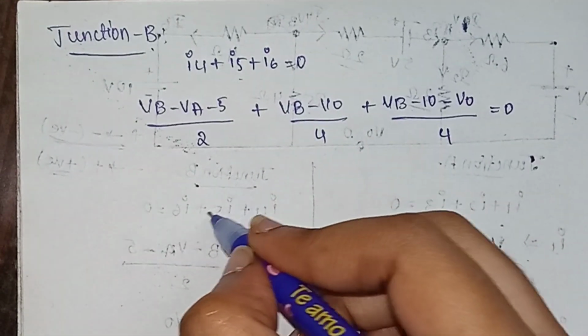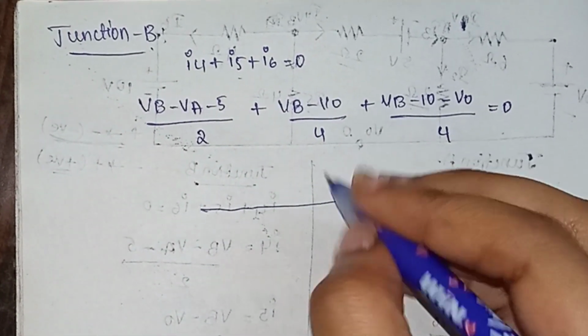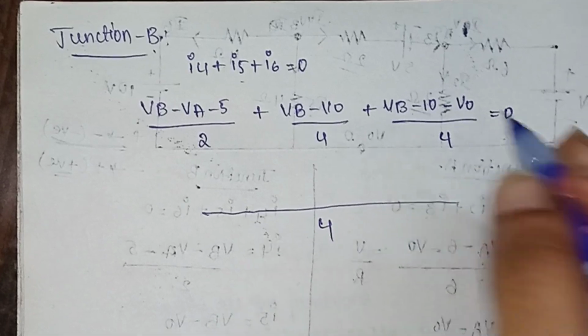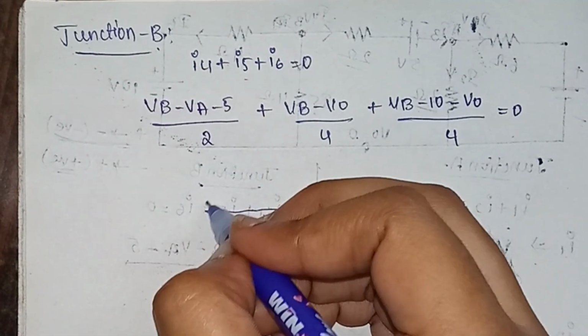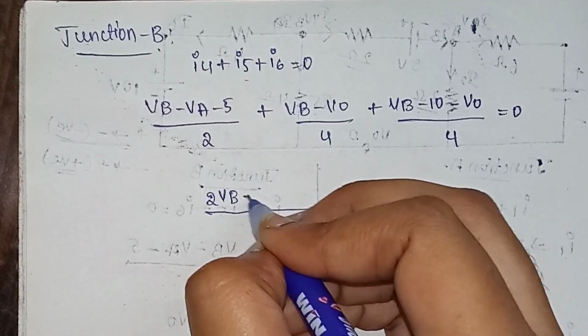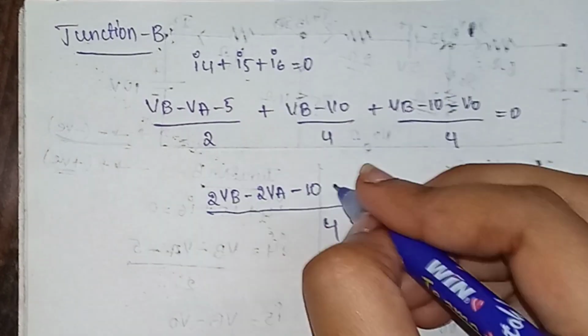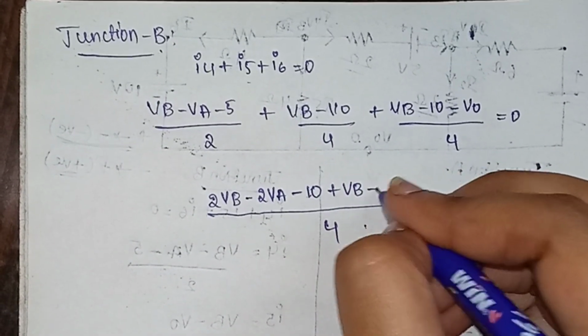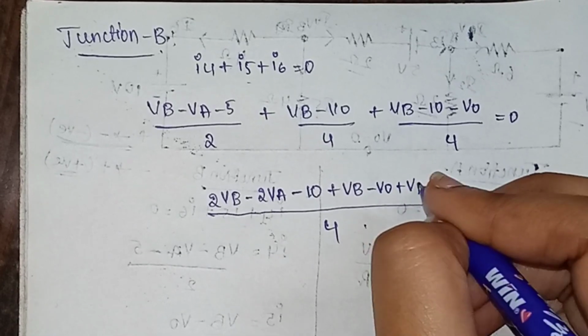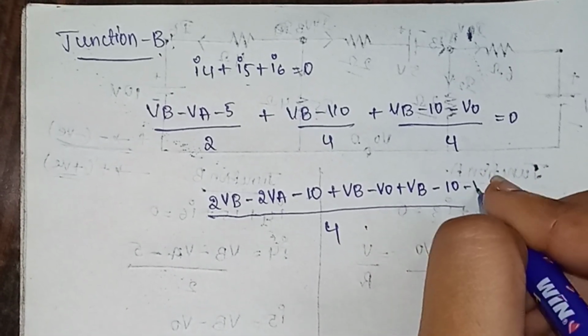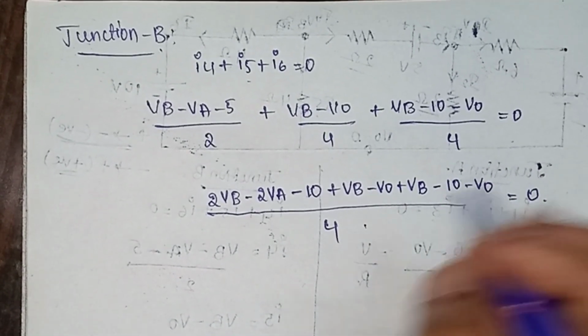Now if we do some math here, we will get our LCM as 4. So 2 2s are 4. 2VB minus 2VA minus 10 plus VB minus V0 plus VB minus 10 minus V0 is equal to 0.